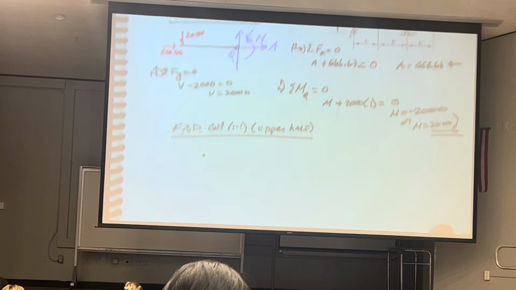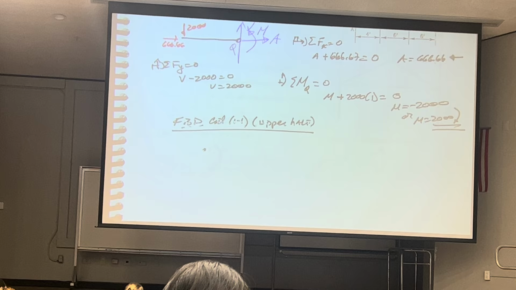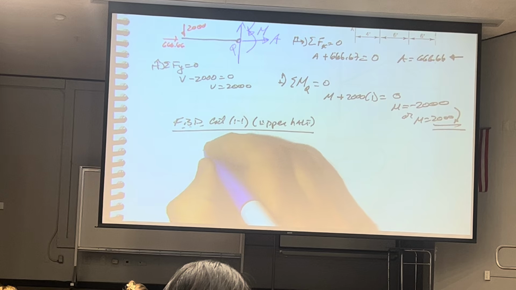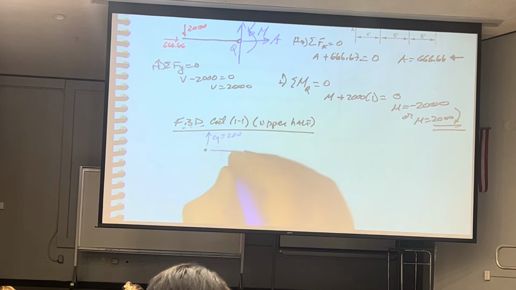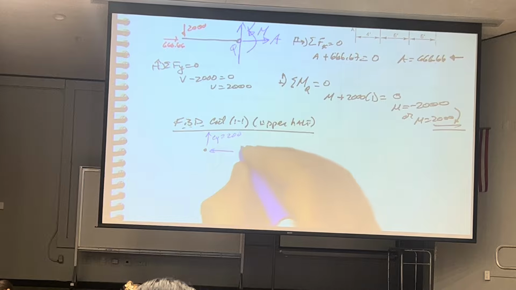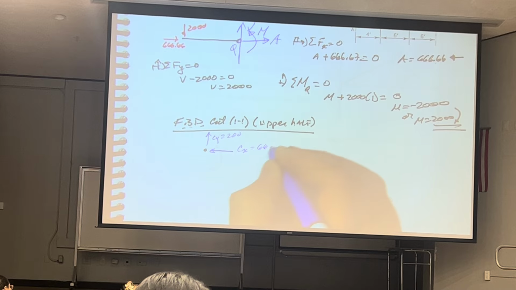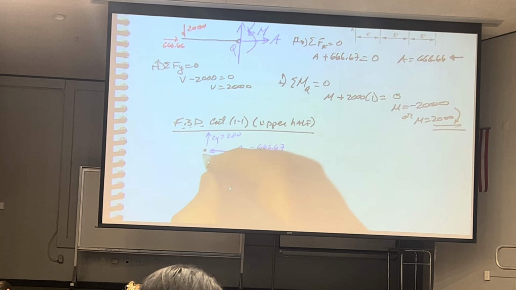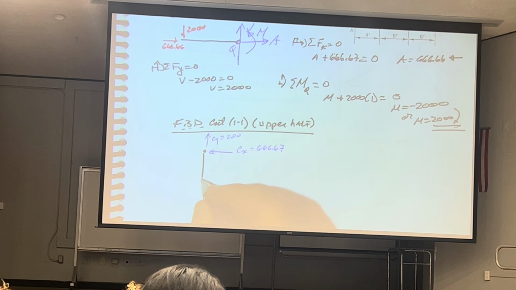If you go back to frame analysis, you'll see that this is Cy 2,000, Cx 666.67. Then I'll have the actual member, and here's the cut. I'm going to call this cut point P.